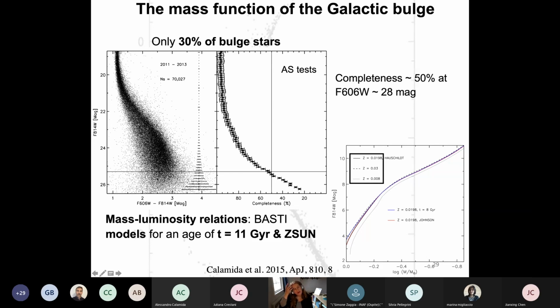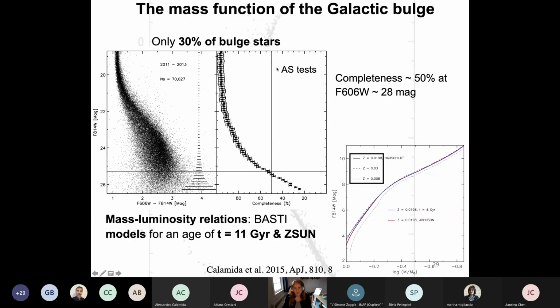So to derive the mass function from this, we need models. So we need a luminosity to mass ratio, and we can use isochrones for this, for a fixed age for the bulge and metallicity. And we also need to correct for completeness of our observation, because the fainter we go when we observe stars, the less complete our observations are.